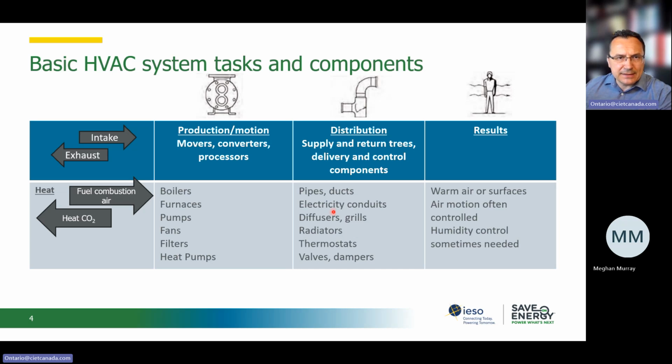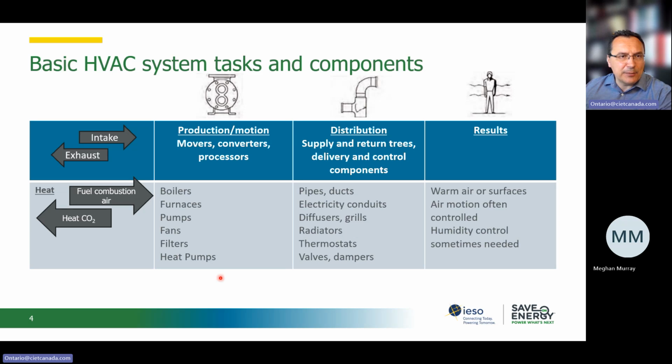we are looking at maintaining conditions related to temperature and humidity for a space for occupants and equipment in some industrial facilities, by distributing energy from a central system through various distribution systems, ducts for forced air, pipes for hydronic systems, and each of them will come with a number of components.